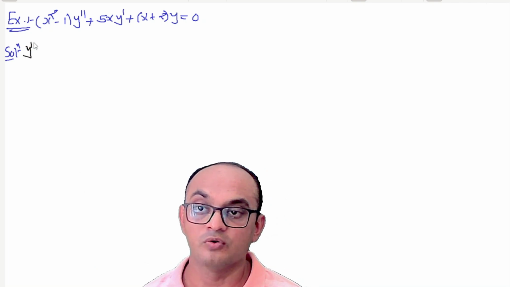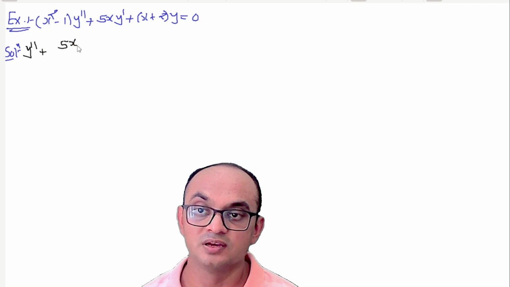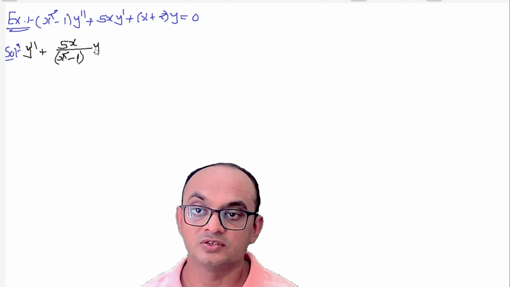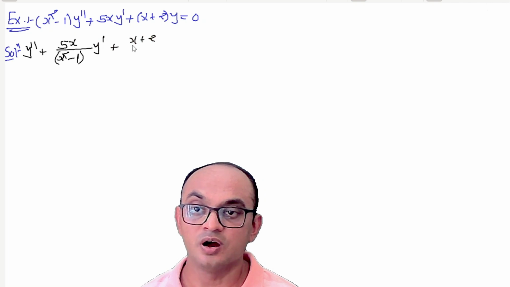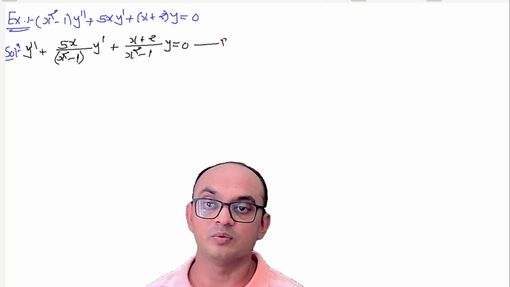So I divide both sides by x squared minus 1. So this is y double dash plus 5x upon (x squared minus 1) y dash, plus (x plus 2) upon (x squared minus 1) y equal to 0. This is equation number 1.